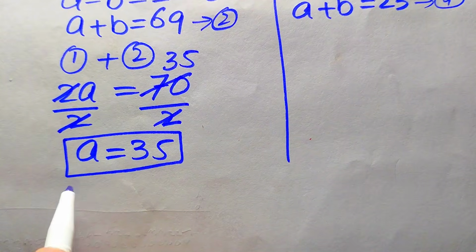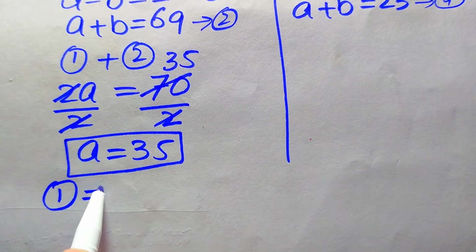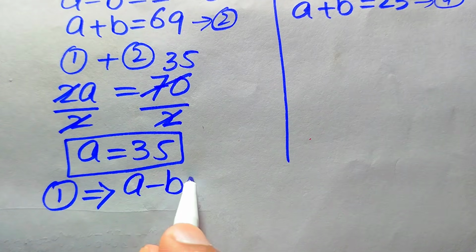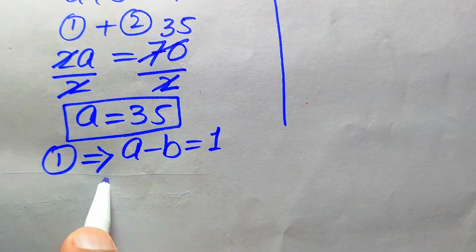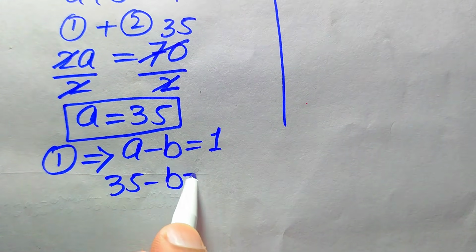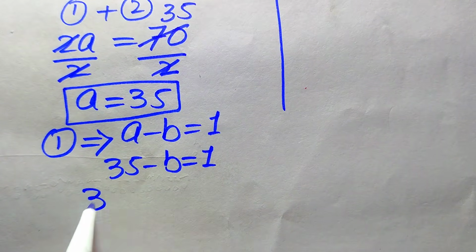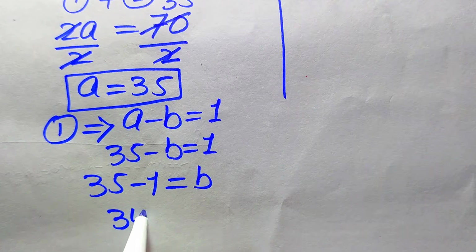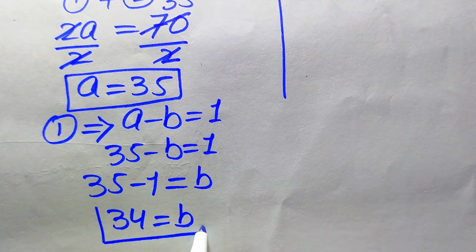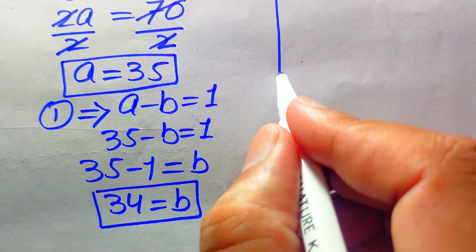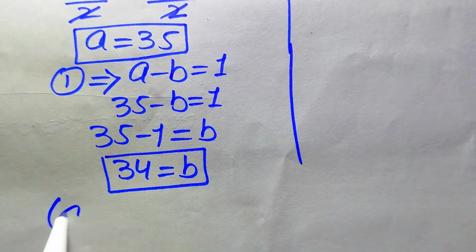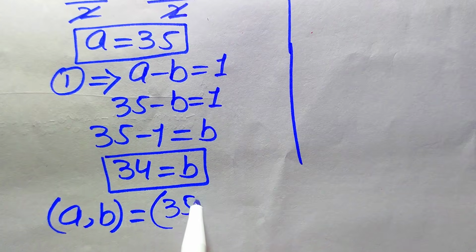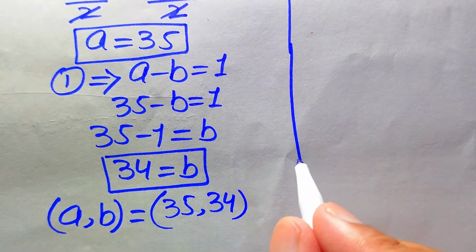Now we put this value of a into equation 1: a − b = 1 becomes 35 − b = 1, so b = 35 − 1 = 34. So we get the first ordered pair of solution: (a, b) = (35, 34).